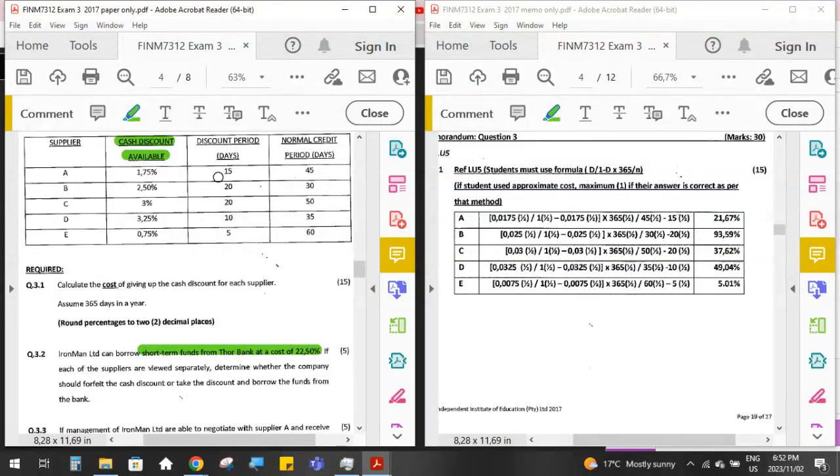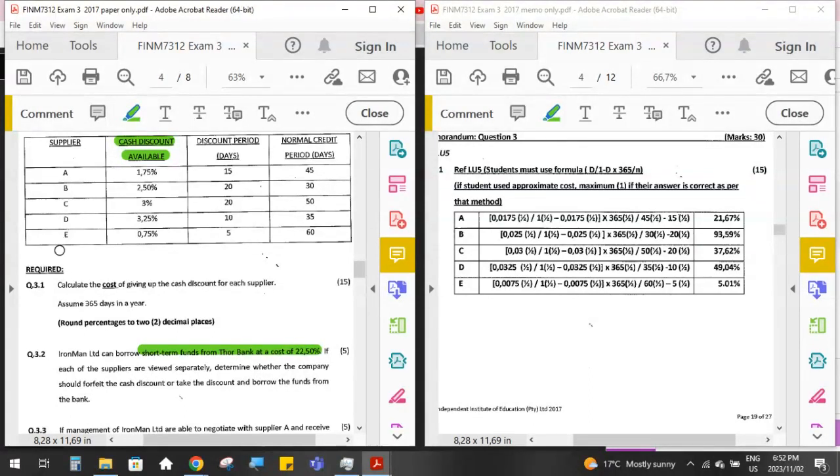Then we can decide supplier by supplier which suppliers we're going to pay early and which suppliers we are going to pay in the normal credit terms, so that we are always minimizing our costs, while at the same time minimizing the length of our cash conversion cycle.